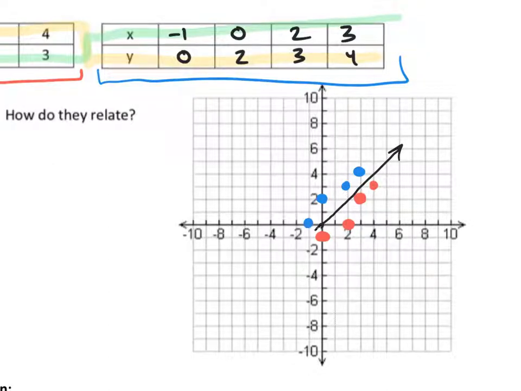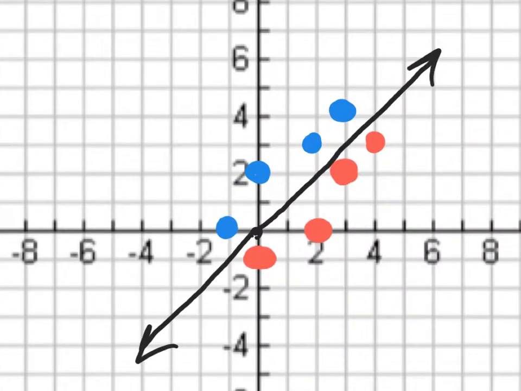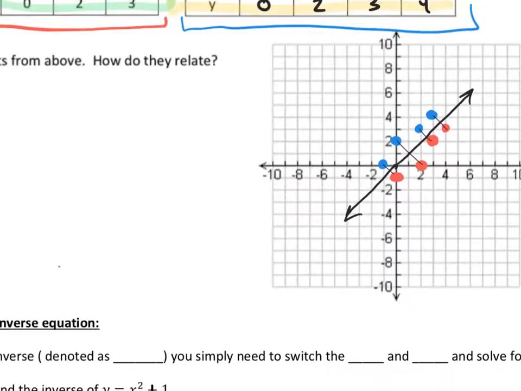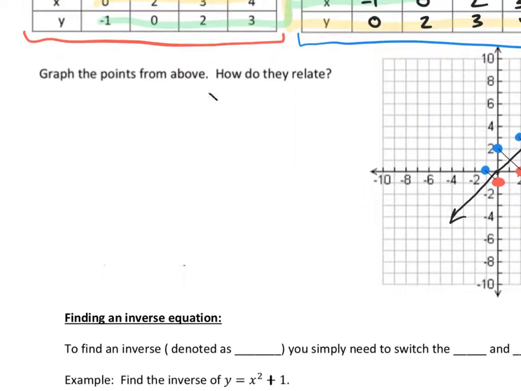Other than the size of some of my dots being a little larger than others, you'll notice these points are equidistant from the reflection line. The equation I drew diagonally is y equals x, the most basic y equals mx plus b equation, where the slope is 1 and the y-intercept is 0.